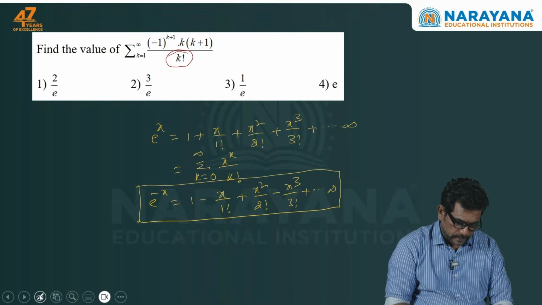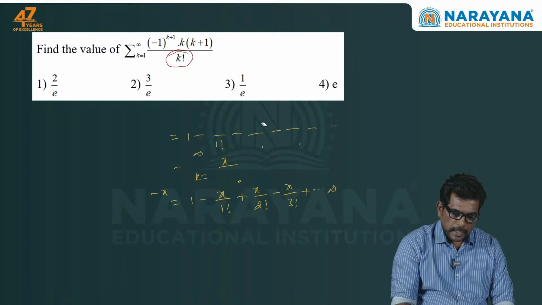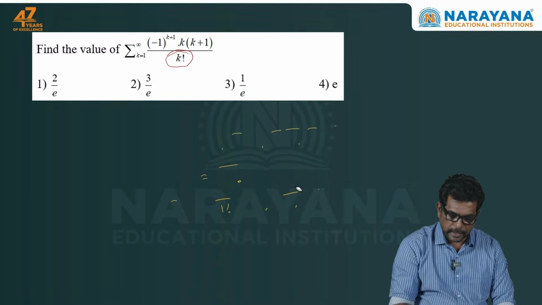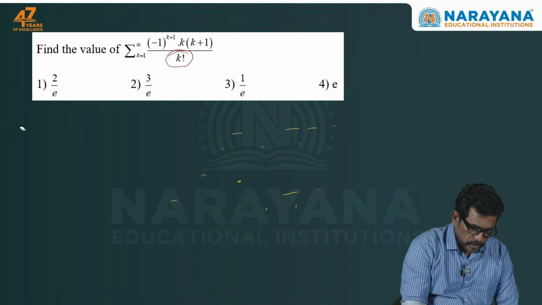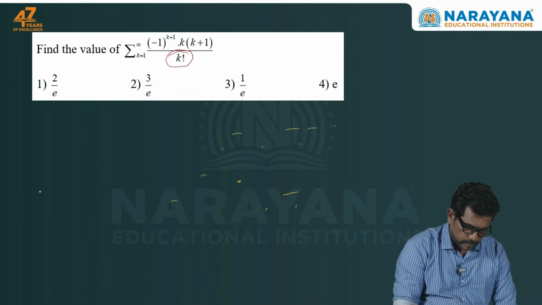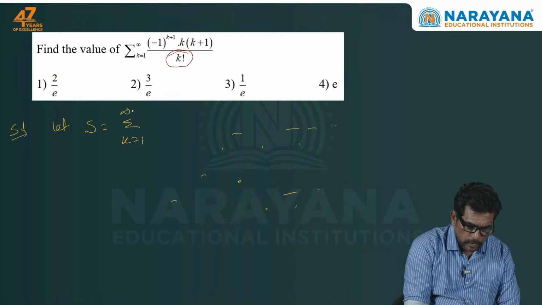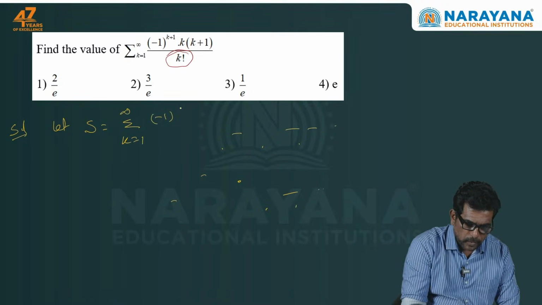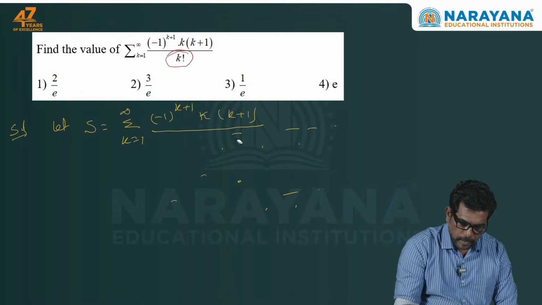Suppose I am taking the total sum as s. Let s is equal to summation k is equal to 1 to infinity, minus 1 whole to the power of k plus 1 into k plus 1 upon k factorial.